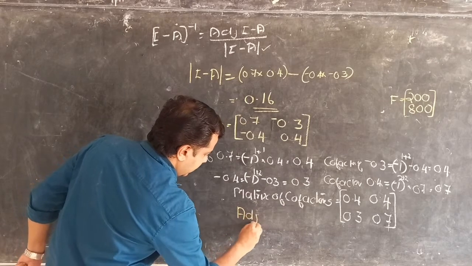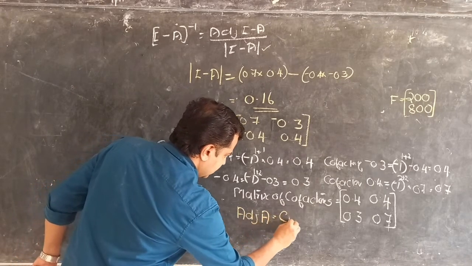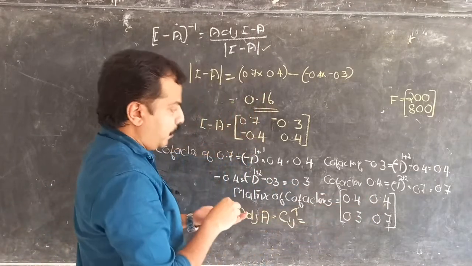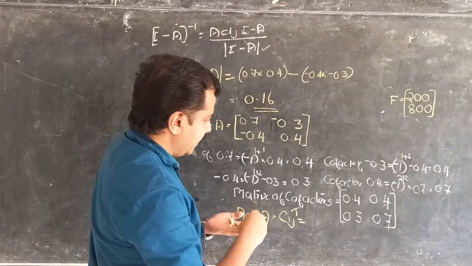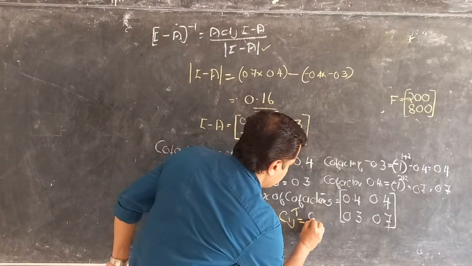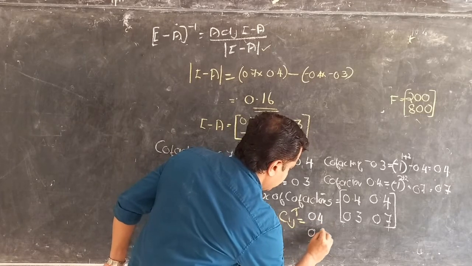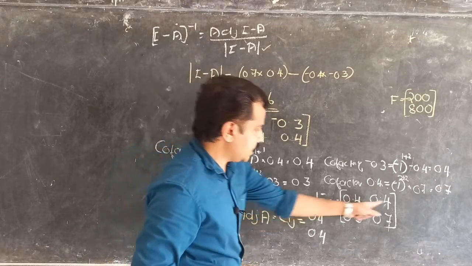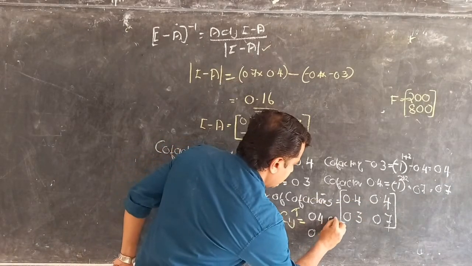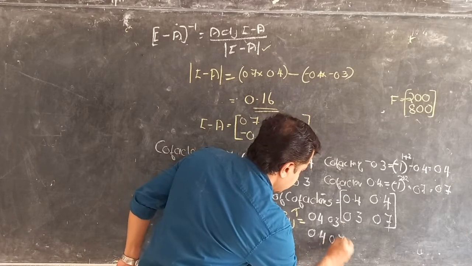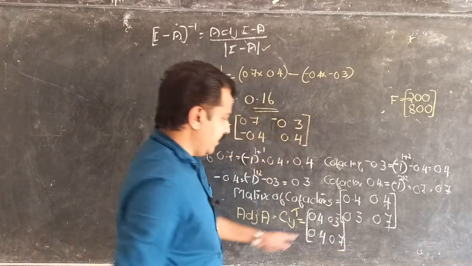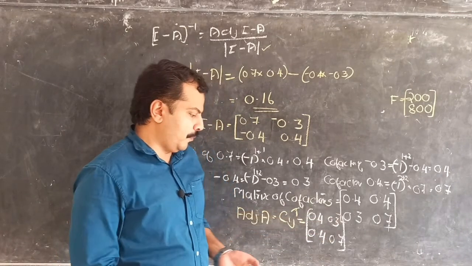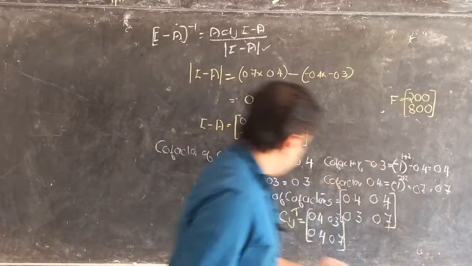So adjoint of A equals Cij transpose. That means we will transpose this matrix so that our final adjoint matrix will be equal to 0.4 here, 0.4 here. The first row turned into the first column, and 0.3 and 0.7. So we have 0.4, 0.3, 0.4 as well as 0.7 as the adjoint matrix.